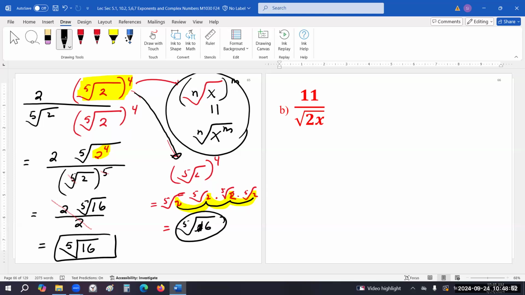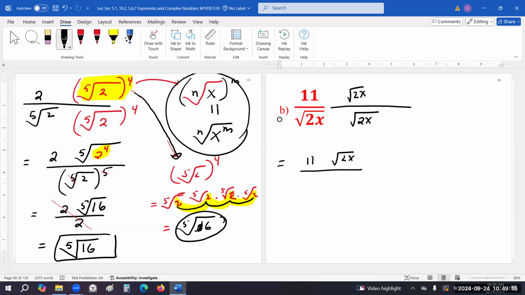So this time we need to multiply by what? Square root of what? 2x. Because this is what we have on the denominator. So we have 11 square root of 2x.